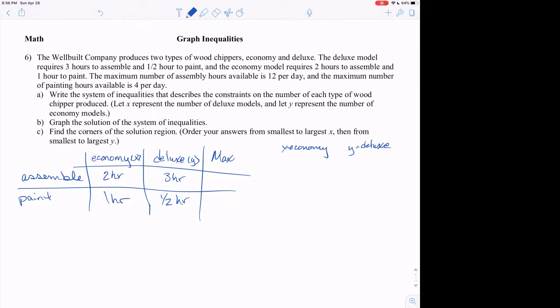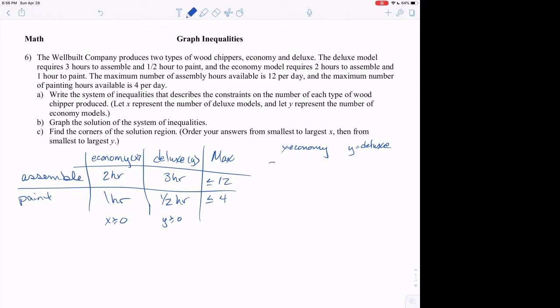We want our assembly hours to be less than or equal to 12 hours per day, and our painting is less than or equal to 4 hours per day. So this will give us our system. We also know that X is greater than or equal to 0 and Y is greater than or equal to 0 because we're going to make something every day.